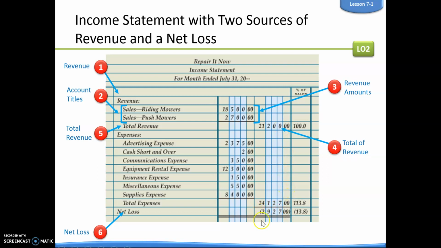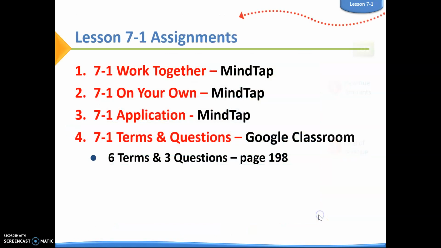If this is the case, please note that net loss is recorded in parentheses. For us as financial information readers, when we see things in parentheses, that means that that is a negative number. We don't usually put a little dash, like a negative sign in front of that, because that could easily be misinterpreted. So we put parentheses instead, and you see that both around the net loss number and also around the financial analysis.